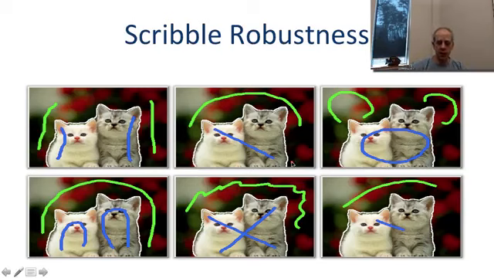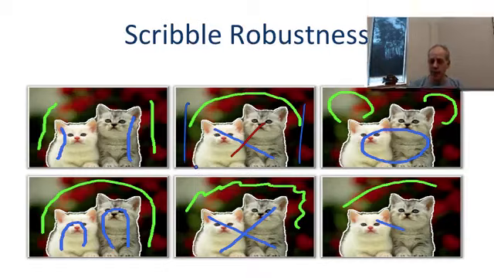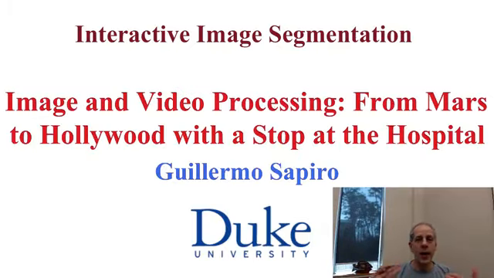Actually, it does very little. All the algorithm asks is for the user to say, please mark me foreground, and please mark me background. I used different colors in my pen than in the image, but the message is very clear. So this is an example of interactive image segmentation.